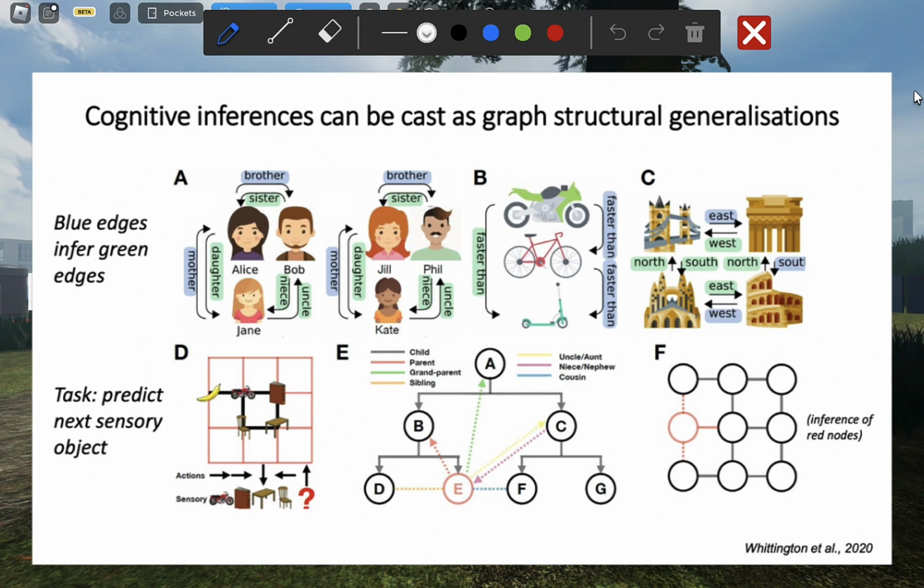If you know that Alice is Jane's mother, and you further know that Bob is Alice's brother, then from the perspective of Jane, you know that Bob is your uncle. And the same thing goes for space. If you go east, south, west, then you know that north must be here, for example.